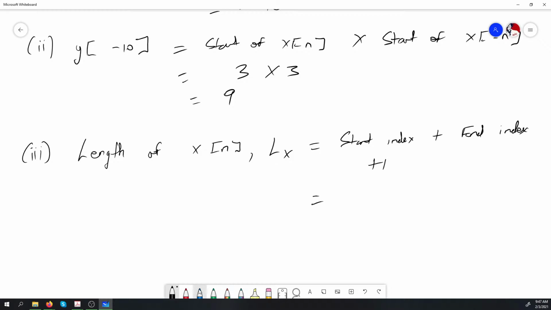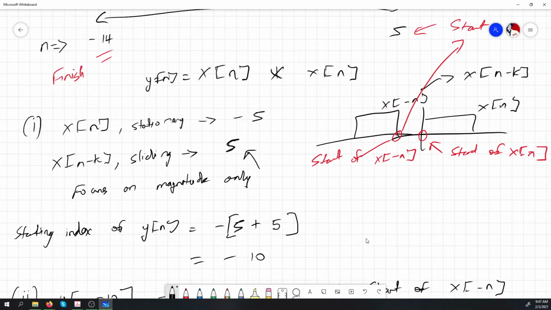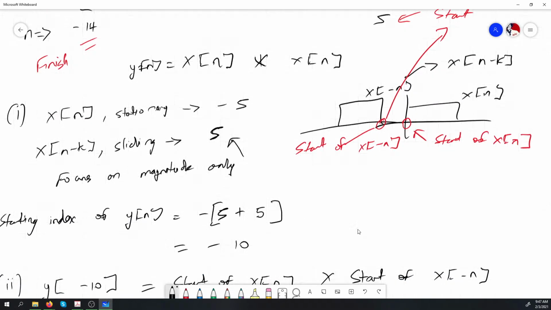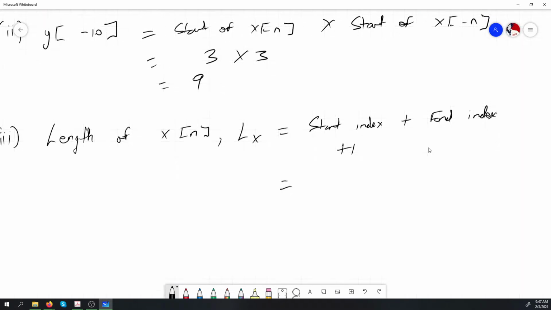The start index for x of n was -5, so that's just going to be +5 when we take the magnitude. The end index was 14. So the magnitude of -5 plus 14 plus 1 gives us a value of 20. So the length of x of n is going to be 20 samples.